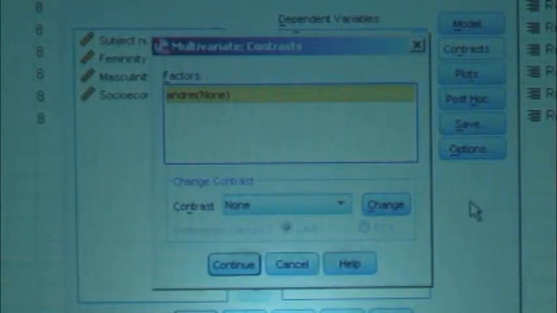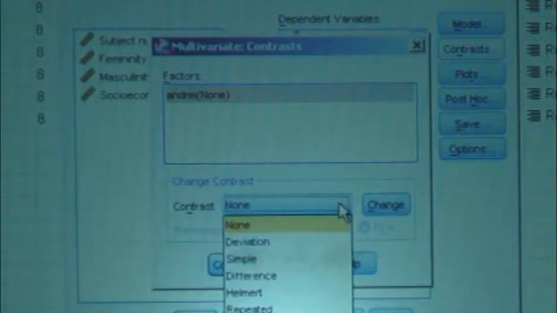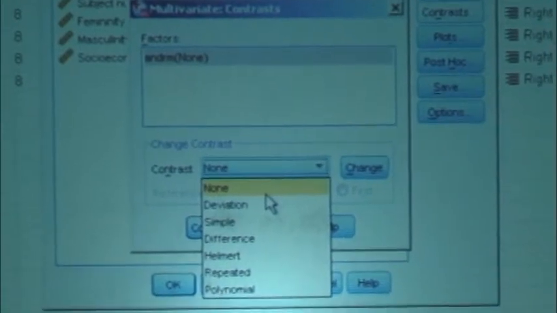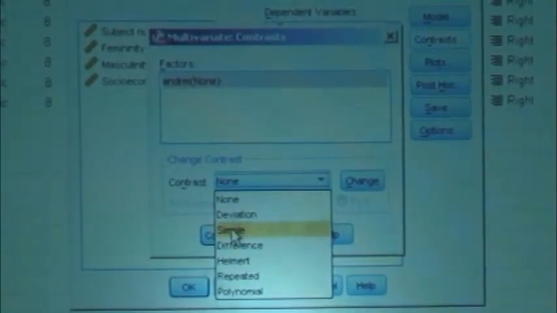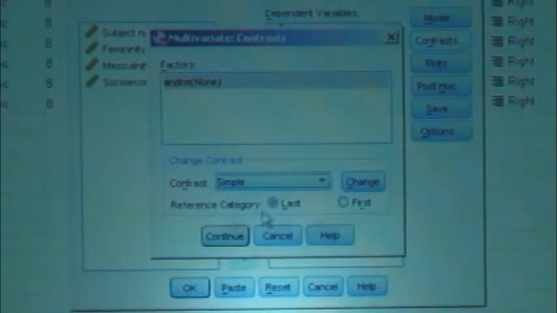But you can't really do that if you have multiple DVs, so you have to be clever about it. You can choose a contrast, and these are all different set contrasts, but the one we probably want is the simple contrast. It says it's going to compare the first or last group to the other groups. You can choose either first or last.